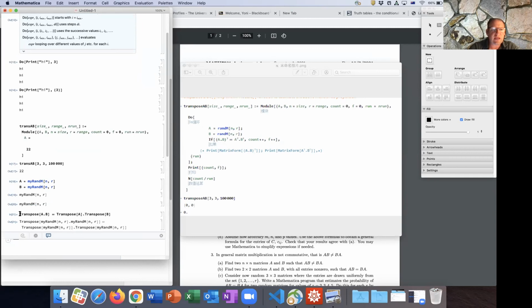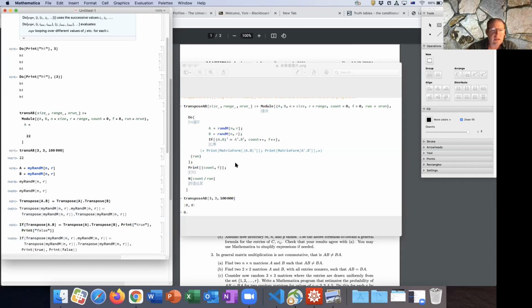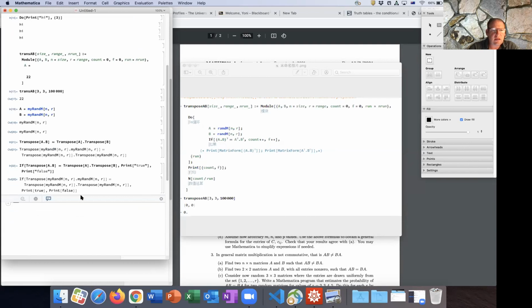It's just an equation. So then if I do an If on that, and If takes the second argument as a true thing, right? So I'll take print true and then print false. What is it printed? Well, it didn't do anything. So I guess the way If works is if the condition doesn't evaluate to either true or false, it just keeps it as an If.